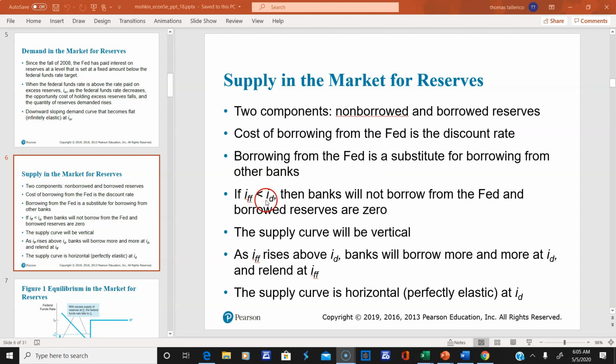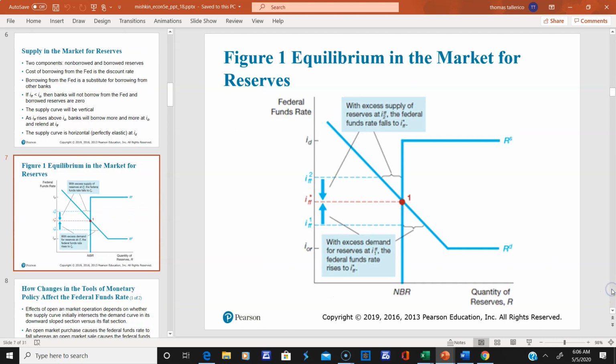So if the Fed funds rate is less than the discount rate, banks will not borrow from the Fed, and borrowed reserves are zero. And basically the supply curve will be basically vertical. And even though they say here that if the Fed funds rate rises above the discount rate, banks will borrow more from the Fed, however, again, banks don't like to do that.